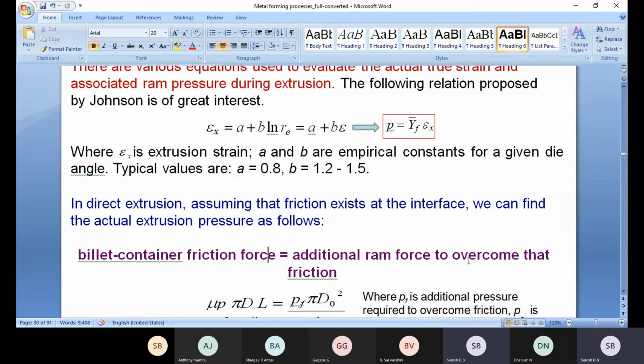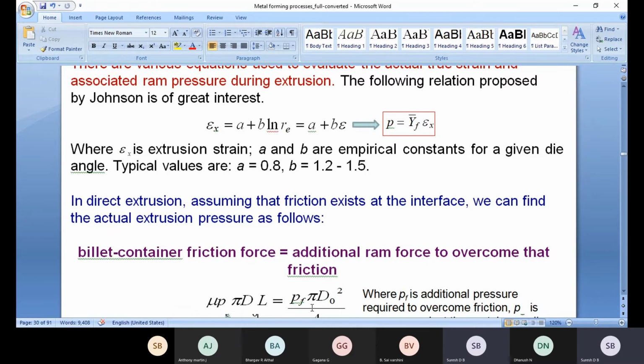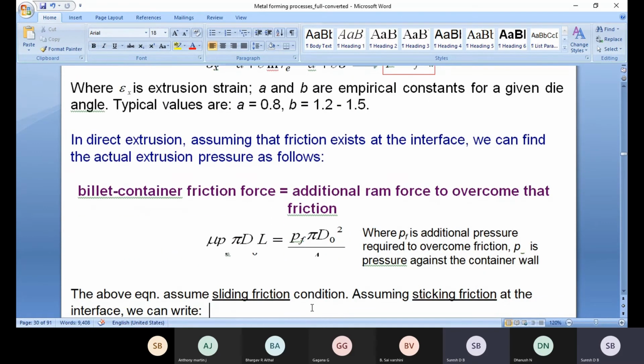Because of that, the maximum amount of material is in contact between the container and the die. In that case, mu into p into pi capital D into L equals p suffix f into pi into d naught square divided by df square. Okay, that is df square, not d there.